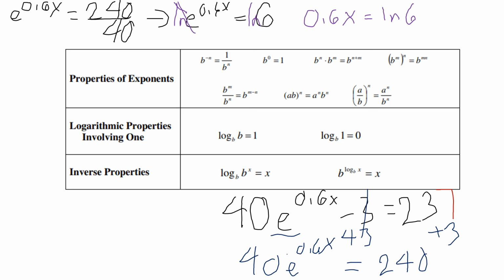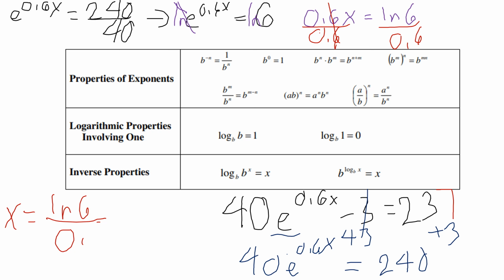Now remember, you still have to get x by itself always, every day. So divide by 0.6 on both sides, and your final answer should be x equals ln of 6 over 0.6.